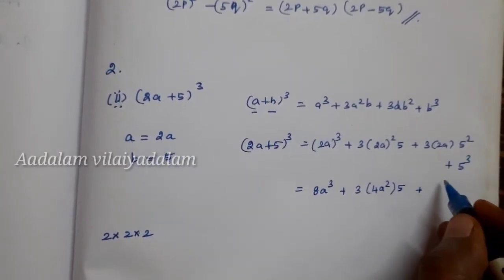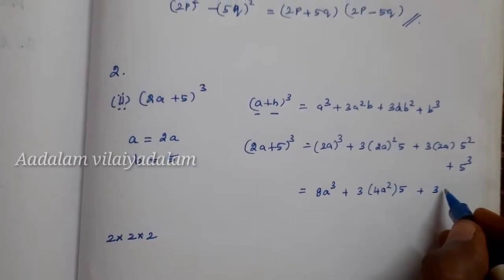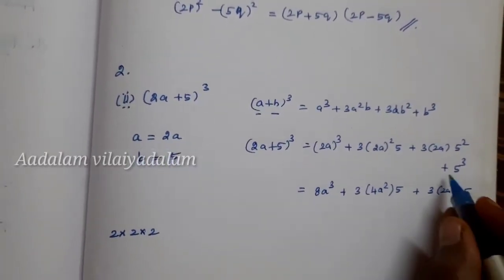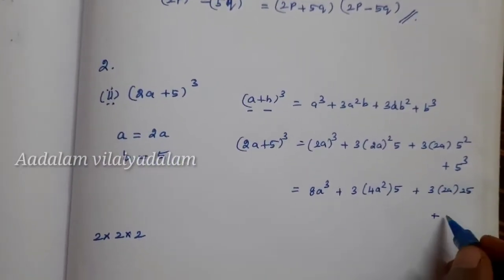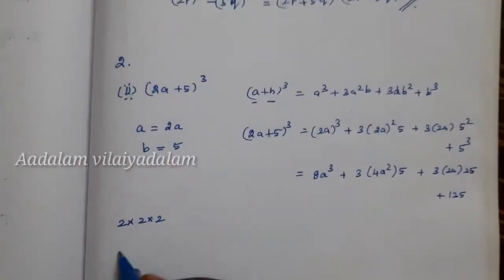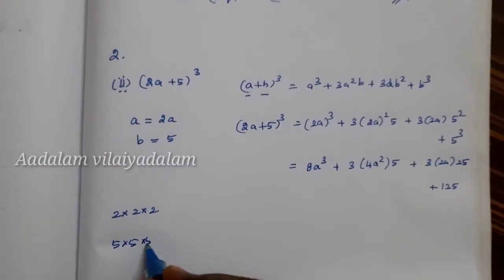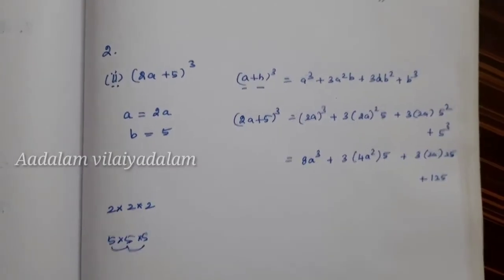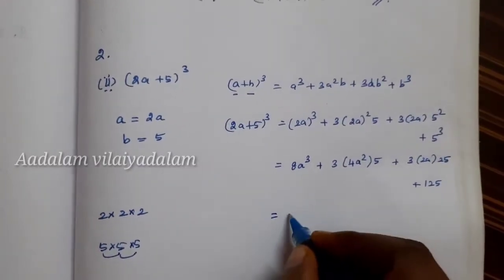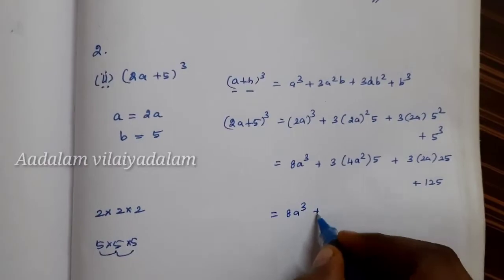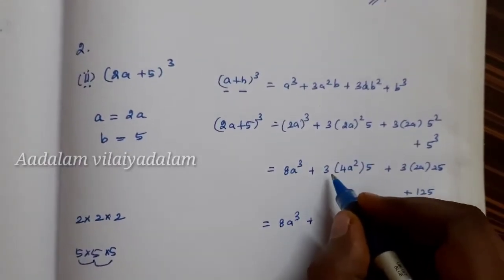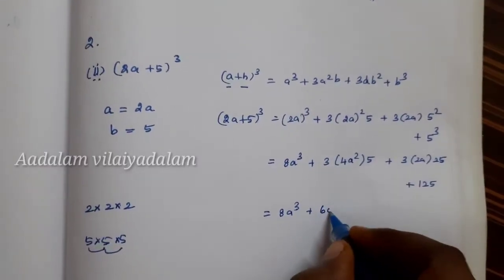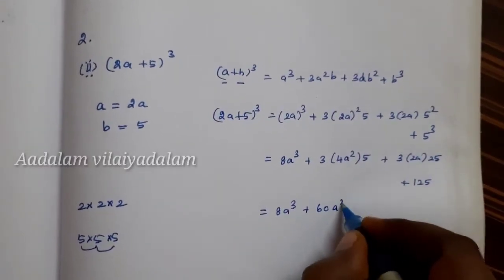Then here also we get 3 into 2a, and 5 square we can write as 25. Then plus 5 cube we can write as 125, which means 5 into 5 into 5. 5 5s are 25, 25 5s are 125. Then we can write 8a cube plus, multiply the numbers, 3 4s are 12 and 12 5s are 60a square.